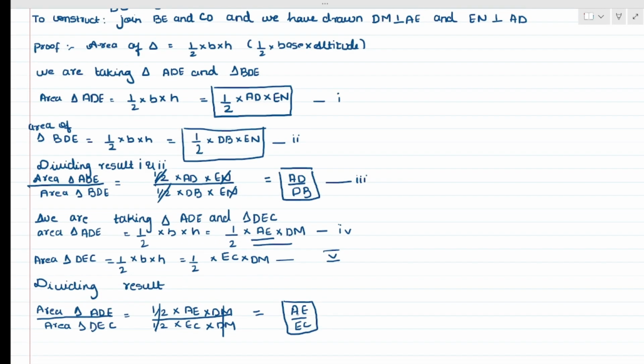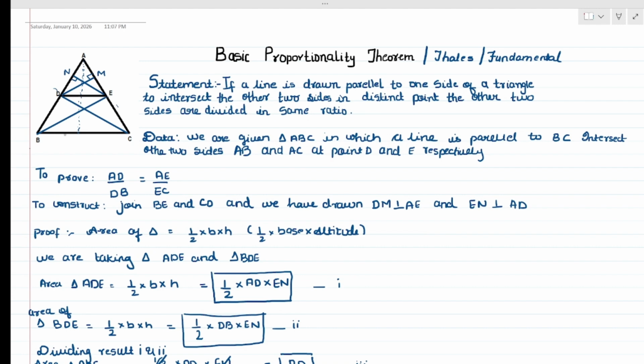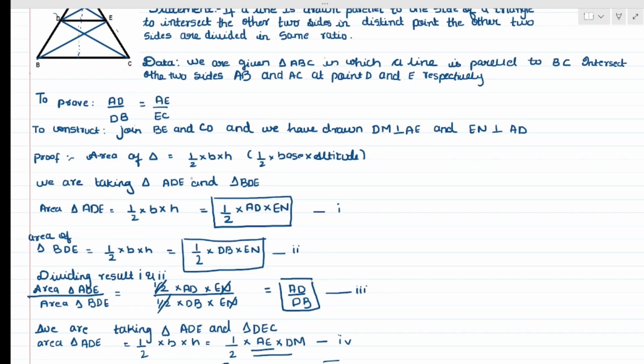What have we done? We have done a simple step. We have taken first of all LHS, selected two triangles, applied the area formula half into base into height and cancelled out the rest. For the next step, we have taken the right hand side, selected two triangles, applied the formula and cut the rest, and we are left with our final result.